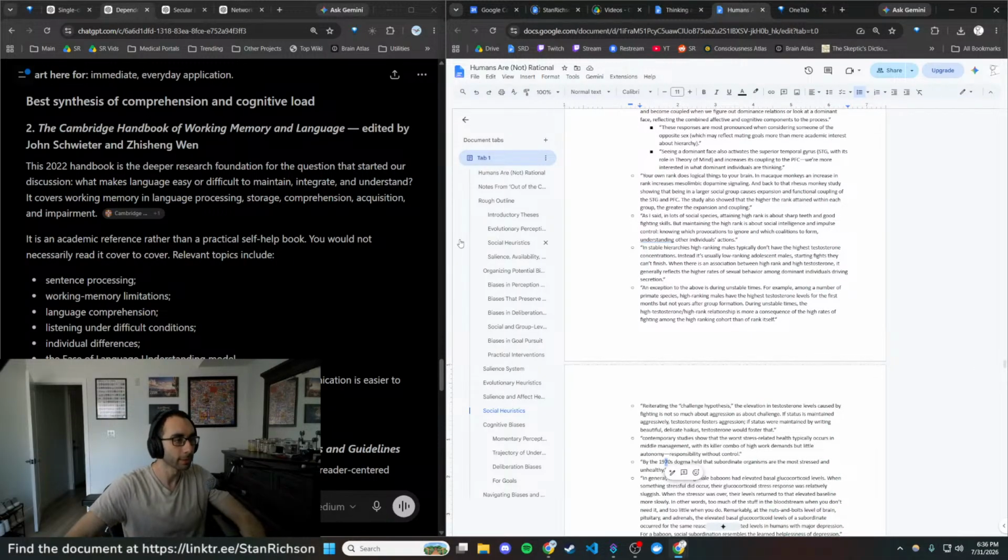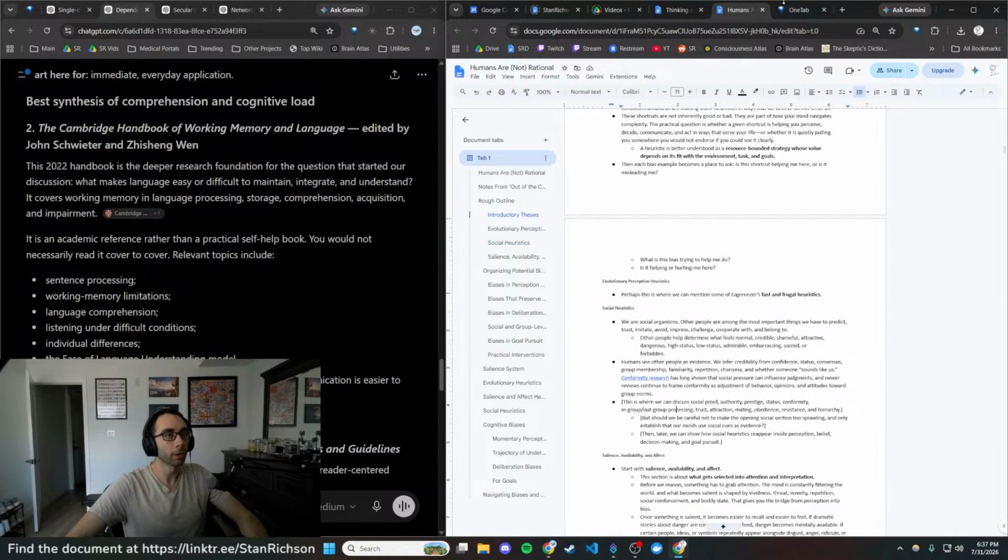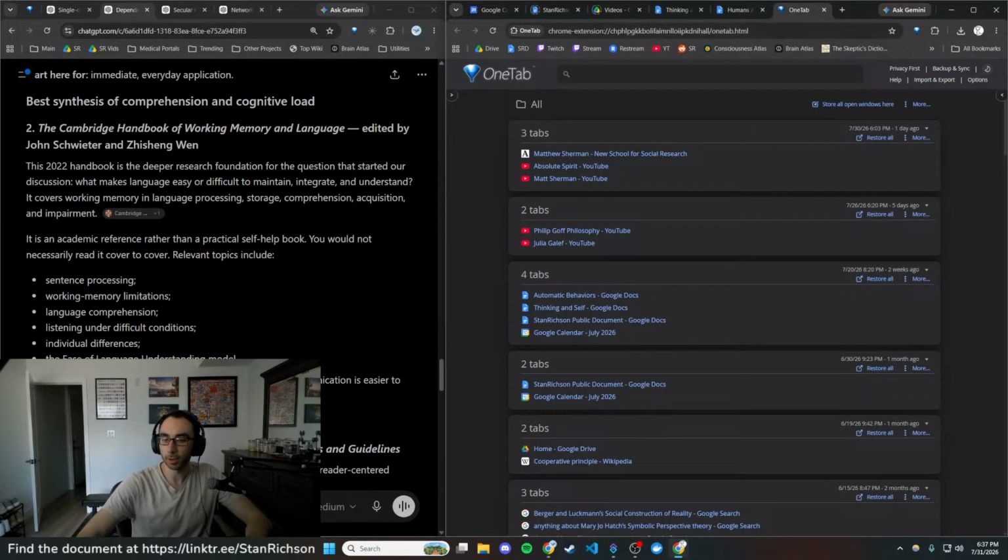I could have sworn I had it somewhere. It's going to be somewhere in my notes. Regardless, that's definitely something that, yeah, working memory, the idea that we can only store a certain amount in working memory.